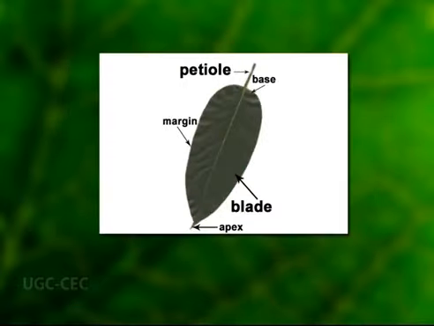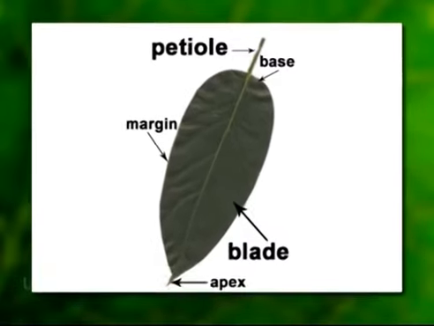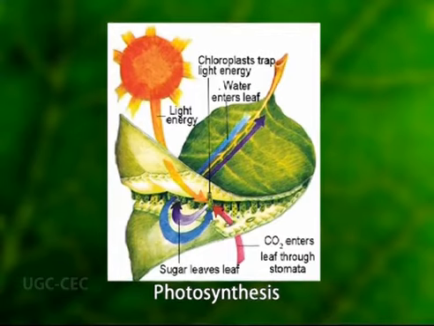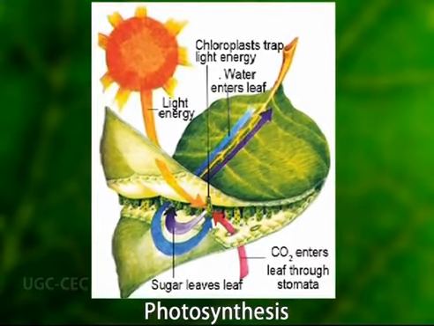The petiole mechanically links the leaf to the plant and provides the route for transfer of water and sugars to and from the leaf. The lamina is typically the location of the majority of photosynthesis.